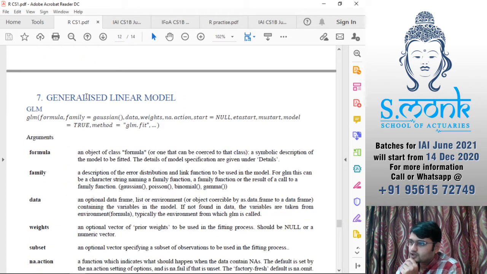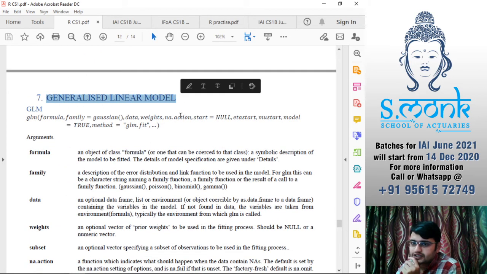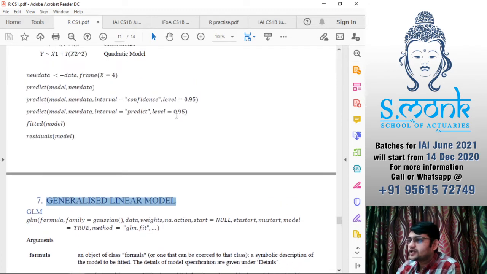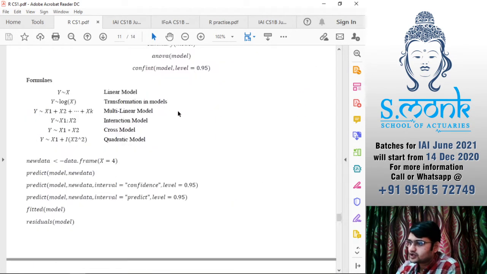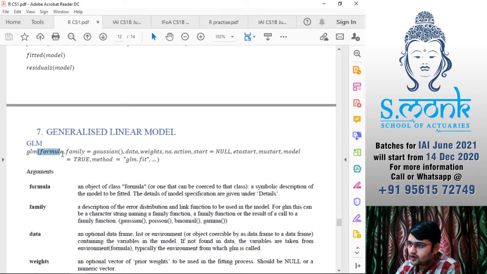Let's move on. Let's talk about GLM, the generalized linear model. The GLM works very similar to our linear model like we did here, in which we will have some formula that comes out from some data. Here also we will have a particular formula, and it will come from a particular data.